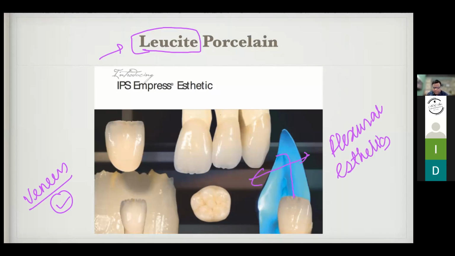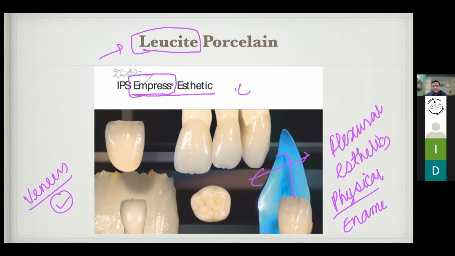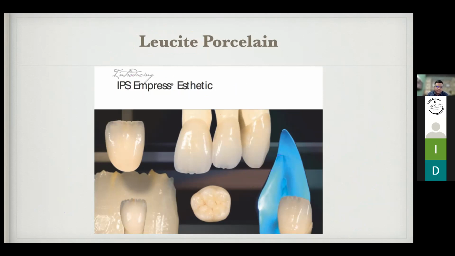So the physical properties were as good as enamel. And that's why this is still a hot favorite material if you are doing veneers. In fact, I do a lot of veneers with lucite, and the trade name is IPS Empress. So you can look at good labs who have these Empress, and trust me, you can do veneers and they will look natural and lifelike.